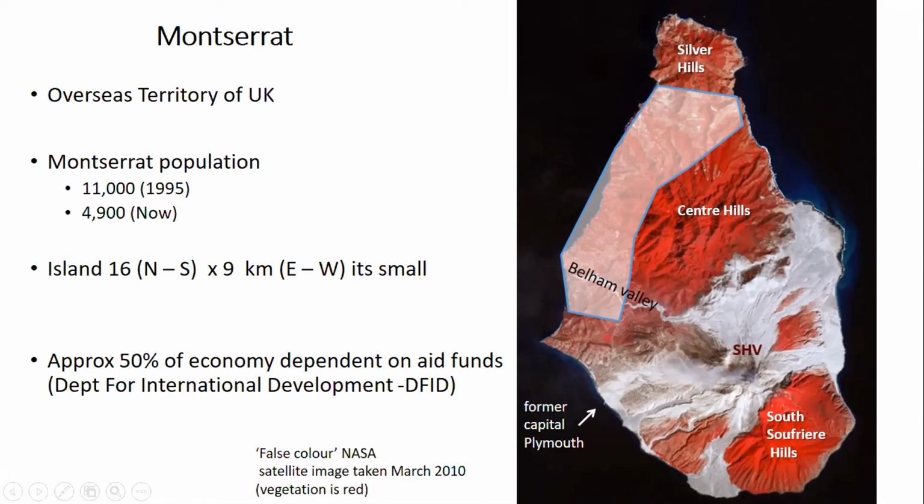The other thing about Montserrat that's worth thinking about is that Montserrat, of course, is an overseas territory of the UK. So the British government is ultimately responsible for the people, and 50% of the economy is from aid funds from the UK taxpayer.